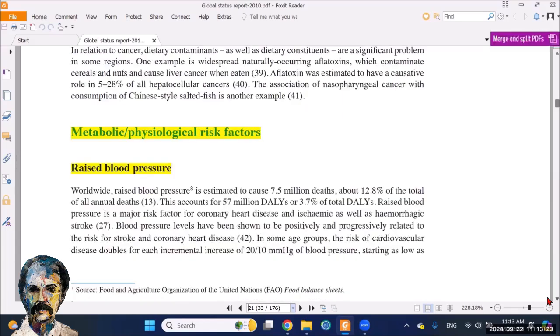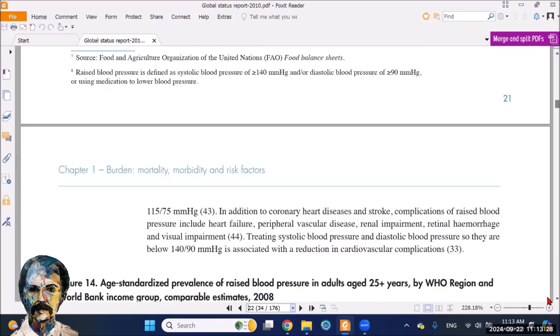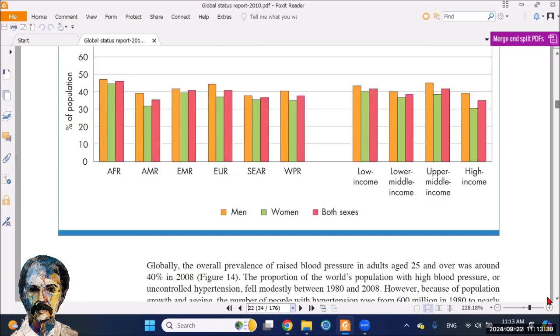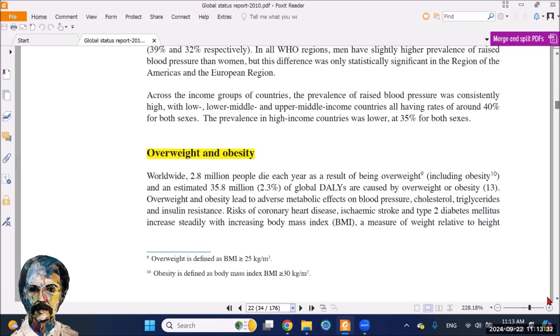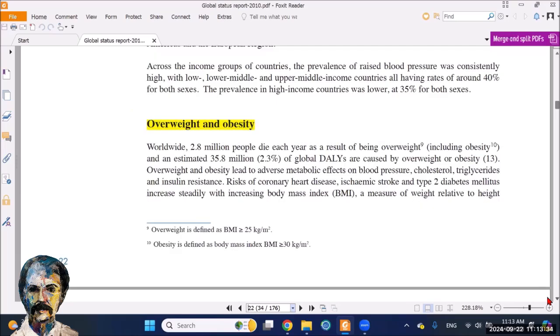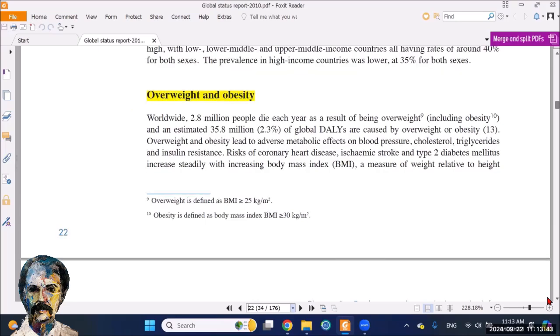Metabolic physiological risk factors: raised blood pressure, that's another risk. And overweight and obesity. If your BMI is 25, or 30 and above, then you are obese, and most probably you're going to get CVDs, diabetes and all these NCDs.